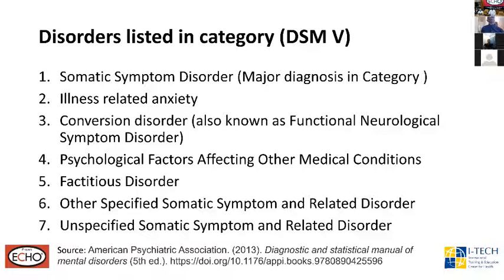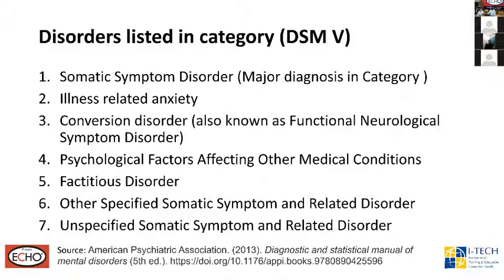So here's a list of all of the diagnoses and disorders that can be accounted for in this category. Of course, as I just said, somatic symptom disorder is a major diagnosis within this category, followed by illness-related anxiety, conversion disorder, psychological factors affecting other medical conditions, factitious disorder, other specified somatic symptoms and related disorders, unspecified somatic symptom and related disorders.